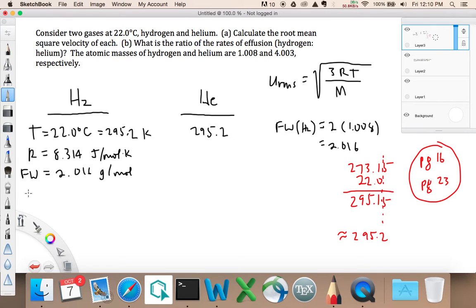But we need this in kilograms per mole. So I'm going to put 2.016 times 10 to the negative 3 kilograms per mole.